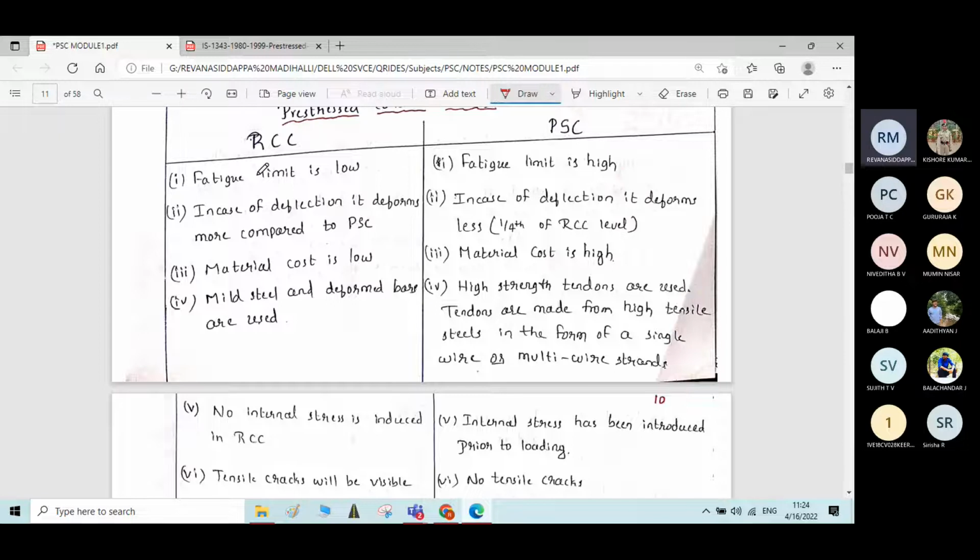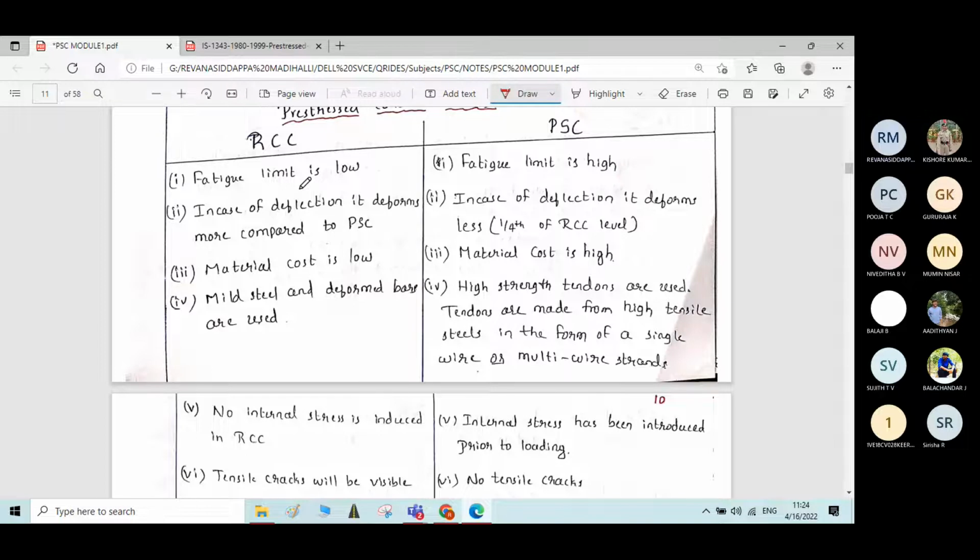Fatigue means the resistance to continuously applied load for a longer duration. The resistance offered by the member for continuously applied load for longer duration is called fatigue. That is low in case of RCC, and the fatigue resistance is higher in case of PSC.